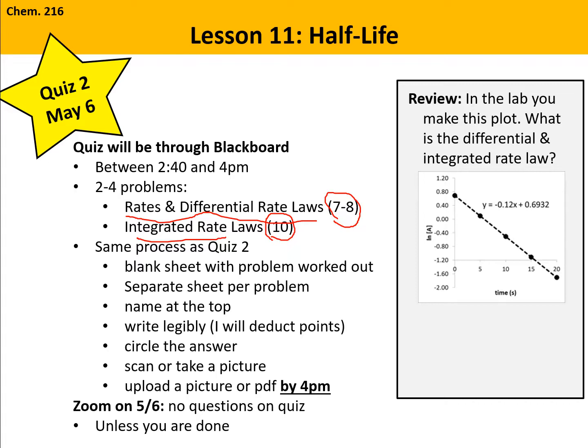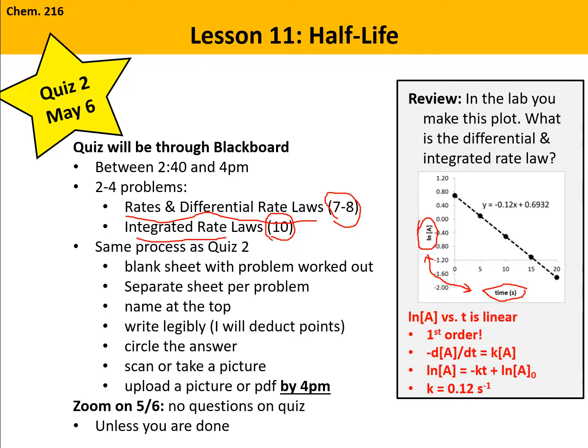For instance, look at this plot. This plot is a straight line. And this only happens when I have ln A versus time. So if you go back, you can see that the only time you get a straight line for this is if it's a first order reaction.